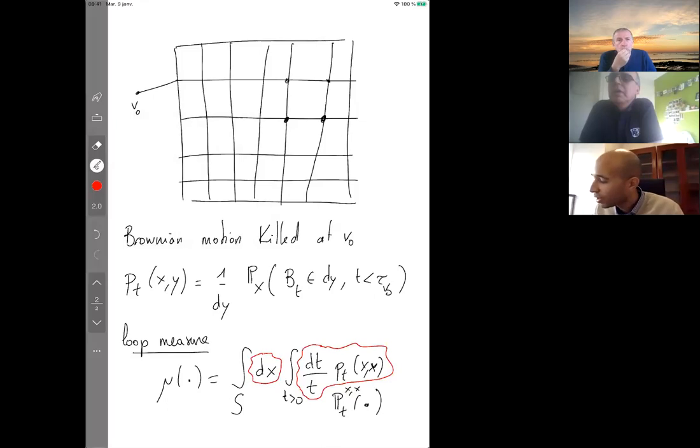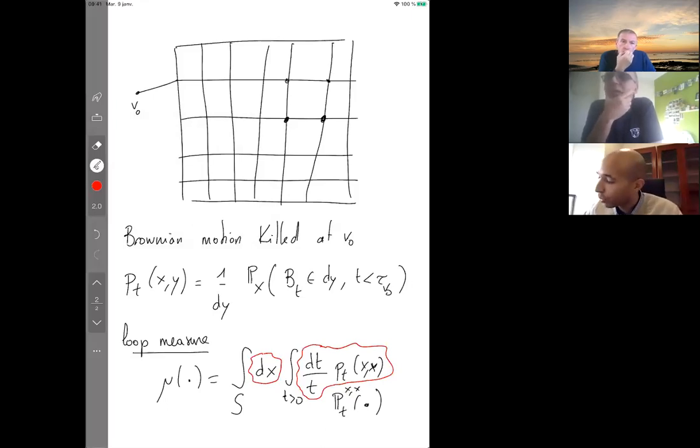So the 1 over t is a way to say that I take a time uniformly between 0 and t, because the loop has duration t. So it's a way to reroute the loop at some point. Instead of saying that I root it at x, when you have 1 over t, you will be able to root the loop at another point.